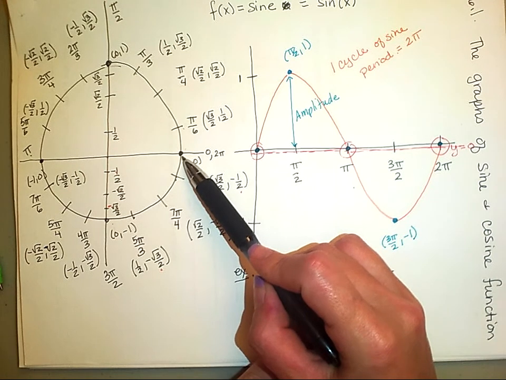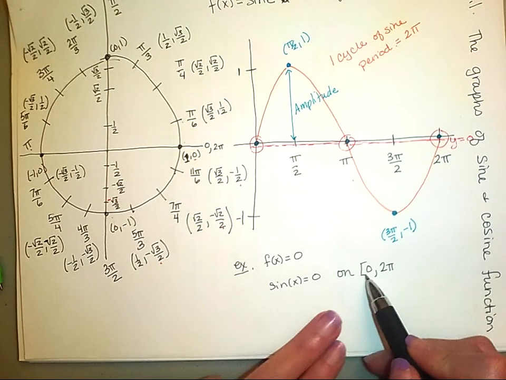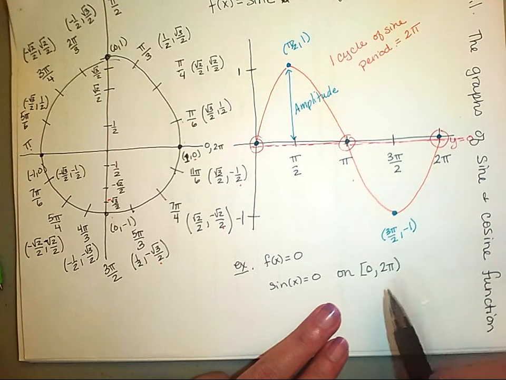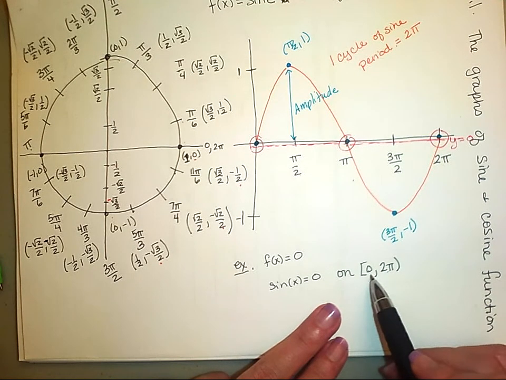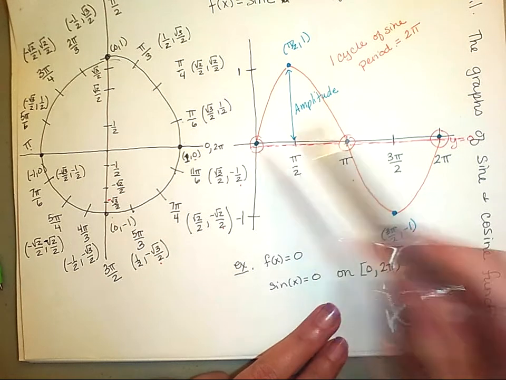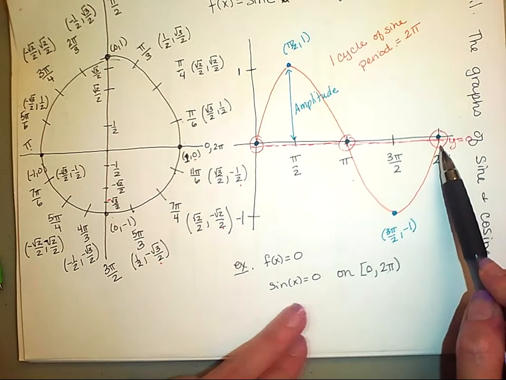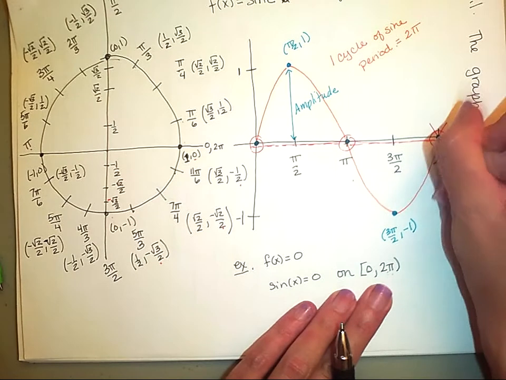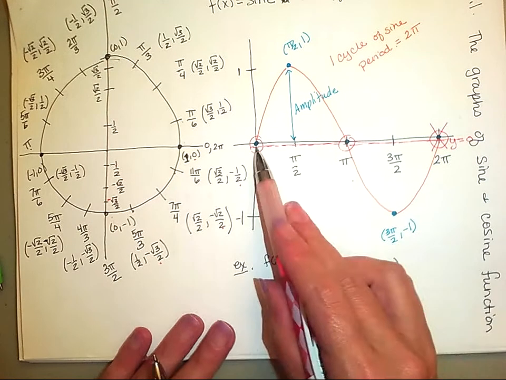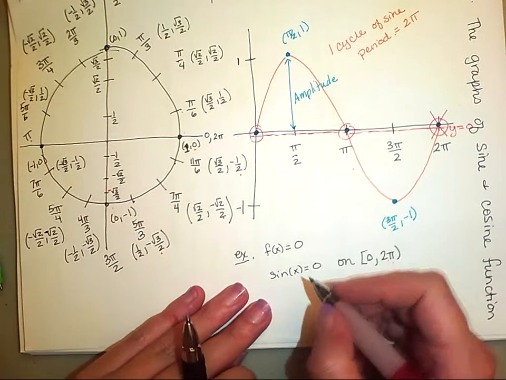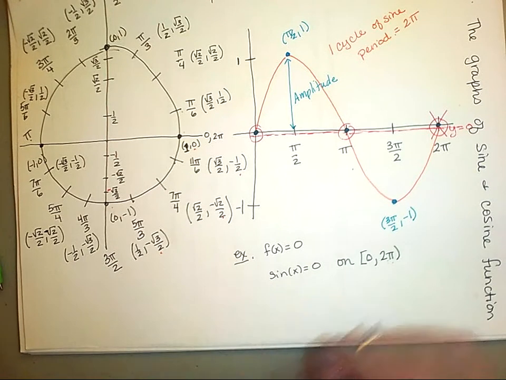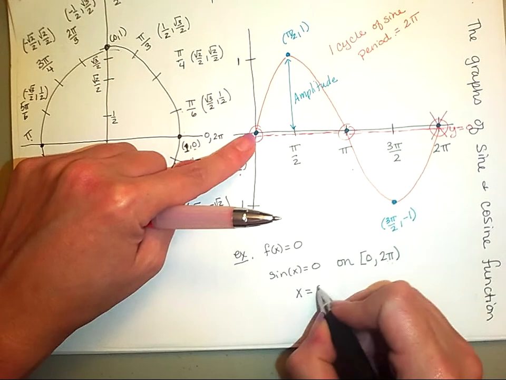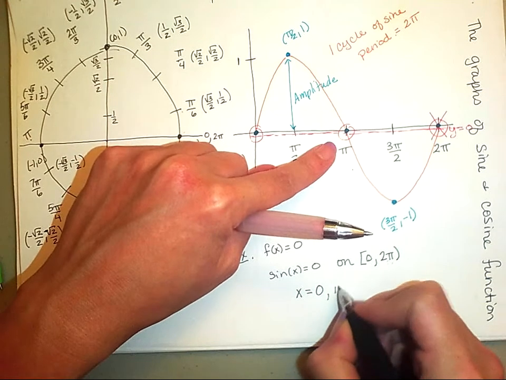When I make a notation like this, from 0 to 2 pi, with the parentheses around it, what I'm saying is that if you have multiple answers that are the same, include the 0 answer but not the 2 pi answer. So in this case, because 2 pi is not included, we would not worry about this angle. Instead, we would worry about these two solutions. On 0 to 2 pi we get the angle 0 and the angle pi.